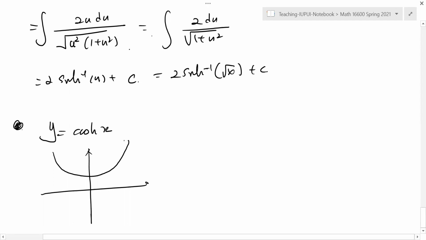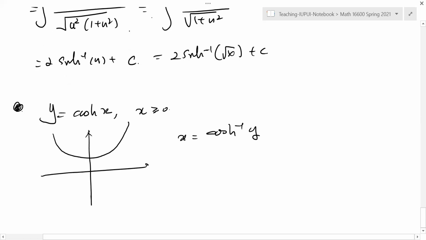So clearly, x should be, we can assume x is positive. Right? Then you can solve for x in terms of y. Okay, so you get the inverse function.